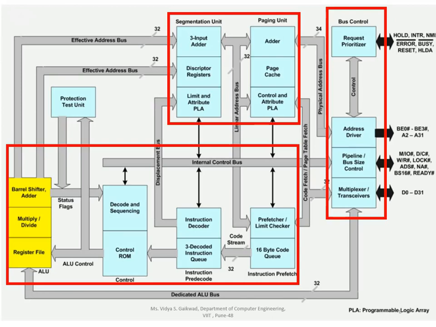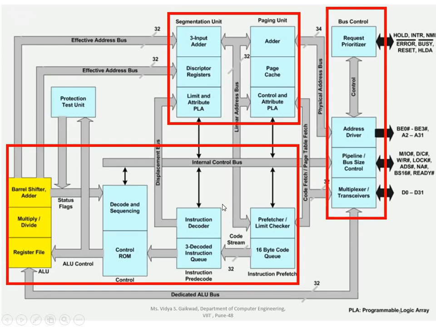We have seen that 386 has 3 sections. The Central Processing Unit is this one, the largest block. The next unit is the memory management unit, and the next is the bus interface unit.